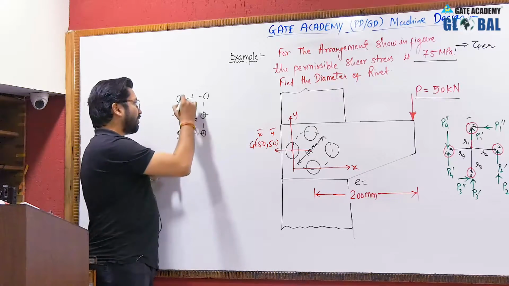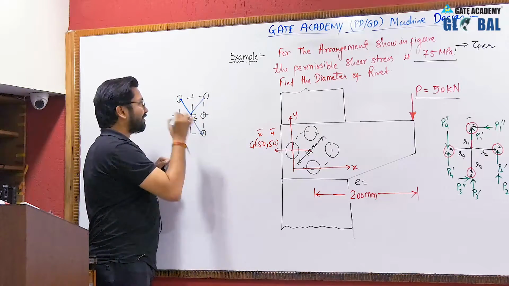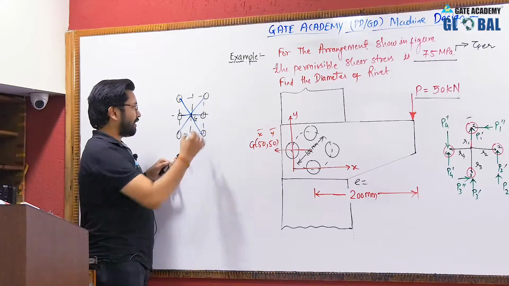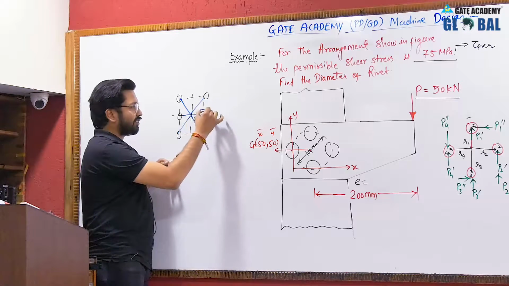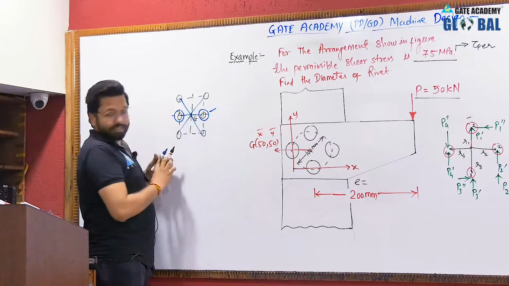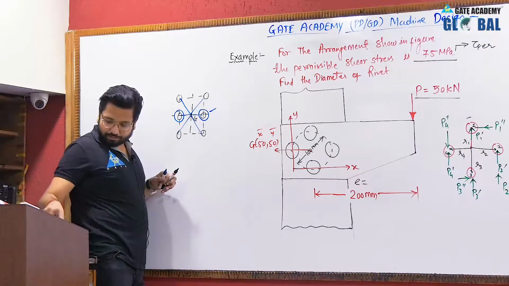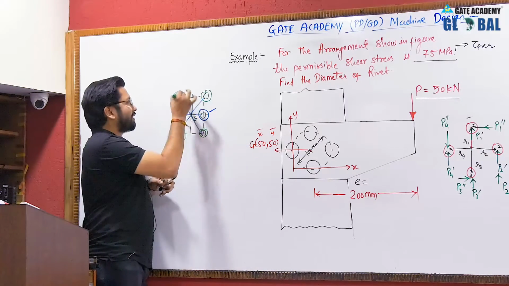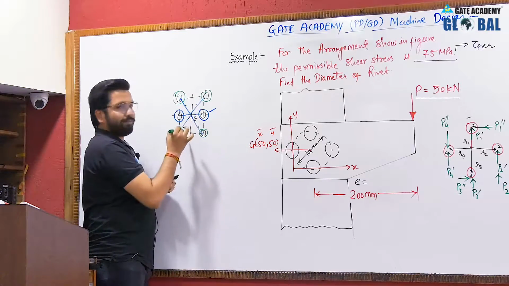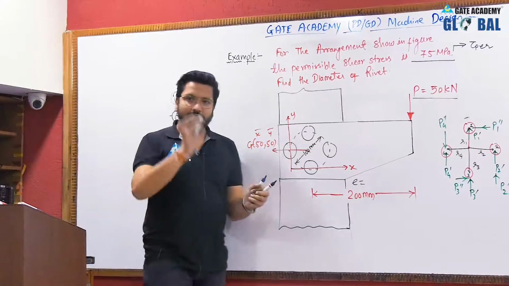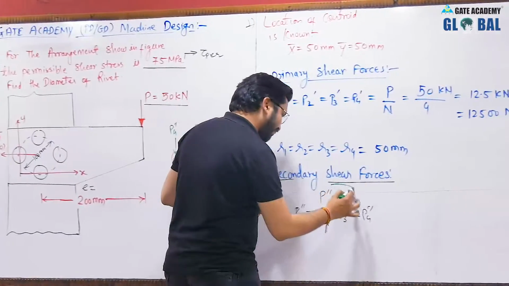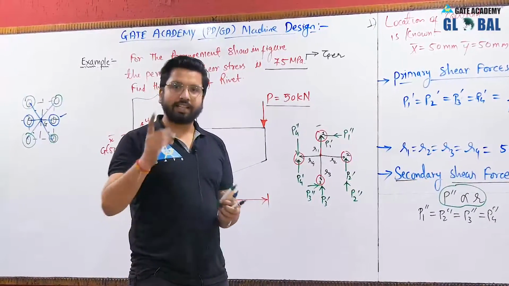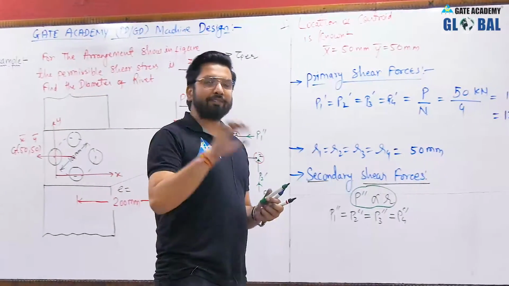So these 4 rivets will be having same radial distance, and these 2 rivets will be having same radial distance. Okay, so the secondary shear force in this rivet and this rivet will be the same, and the secondary shear force in these 4 will be the same because these distances are same. Okay, so this will be the idea. So just remember this relationship. Okay, so then you will be able to relate which of the secondary shear forces will be equal in magnitude and which will be different.